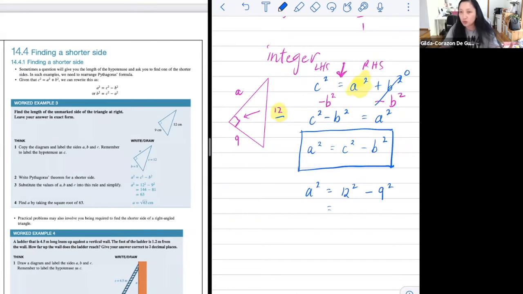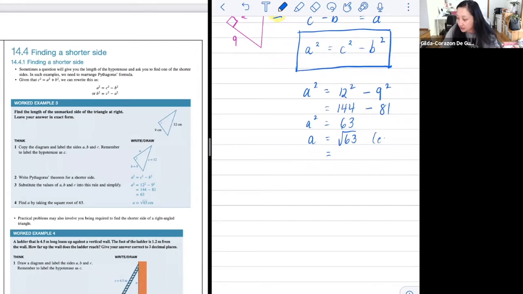And just like what we were doing before, we square the number: we put 12 and then the square button, we get 144. We minus, we put 9 and the square button again, we get 81. And then what do we get for 144 minus 81? 63. And now we still have A squared there. For us to figure out what A is, we just get the square root of 63.